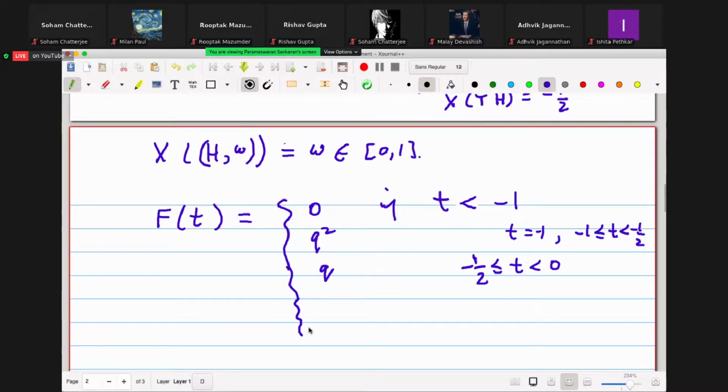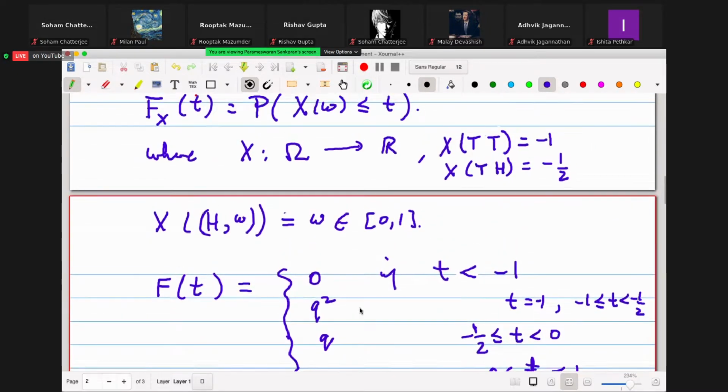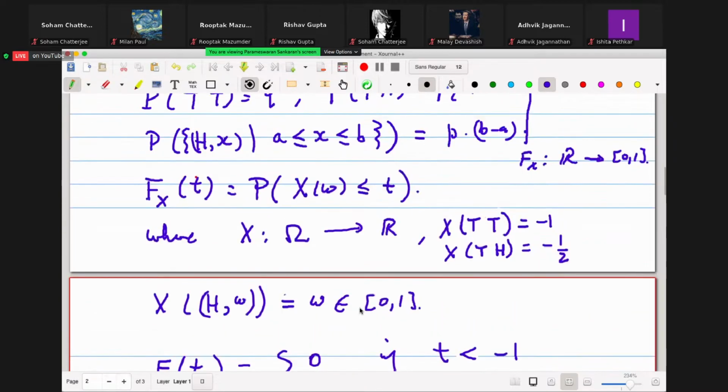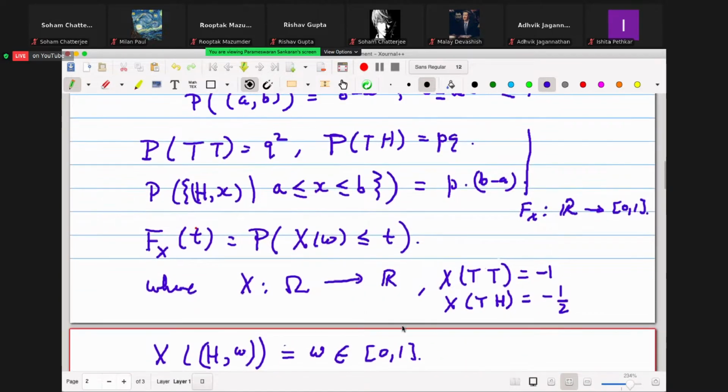And the next one. Now t is between 0 and 1. In this case, what happens? The probability of that happening is, first of all, the first coordinate must be h. So it is h times something, right?